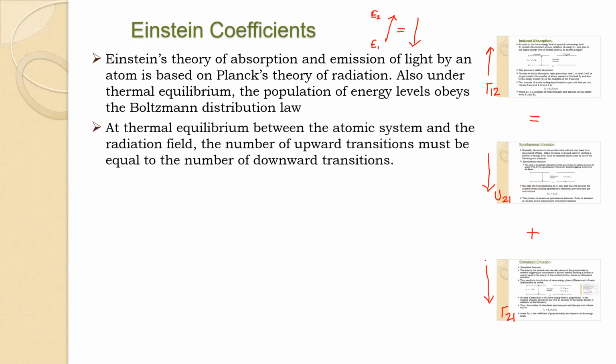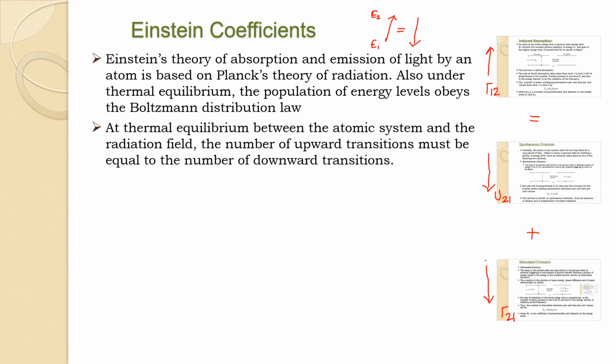Because at thermal equilibrium the number of upward transitions must be equal to the number of downward transitions. In emission there are two types, first spontaneous and second stimulated.